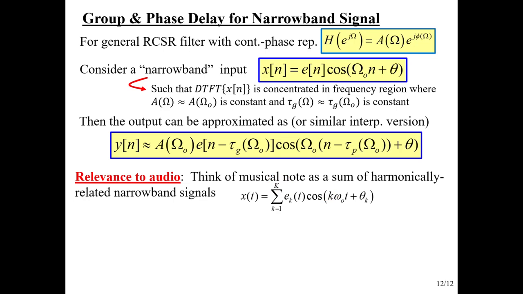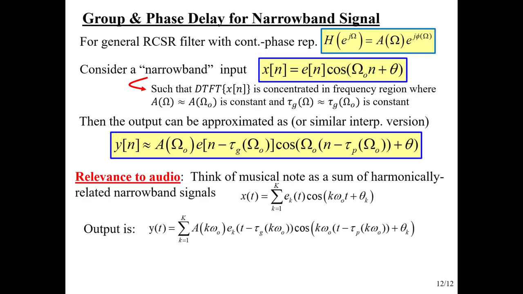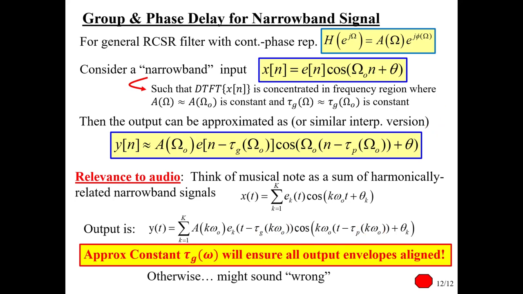And now let's think about this. We can use our result up here where we evaluate the group delay and the phase delay at all the different frequencies that are going on in this note that we're playing. And then here's the clincher.